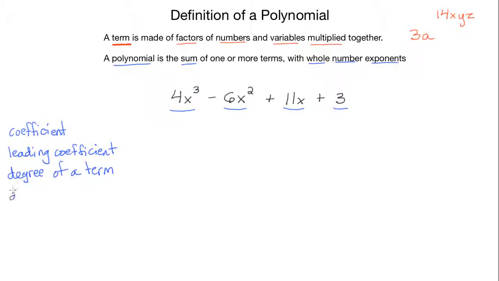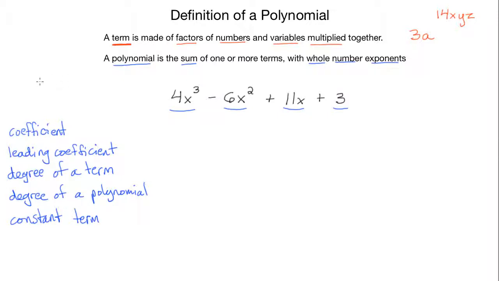And then we're going to talk about the degree of a polynomial. Then we're also going to have a constant term. We're going to talk about what that is as well. Okay, lots of words, right? Again, we're in a whole new unit, so we need a lot of words to describe and be able to use and understand working with polynomials.